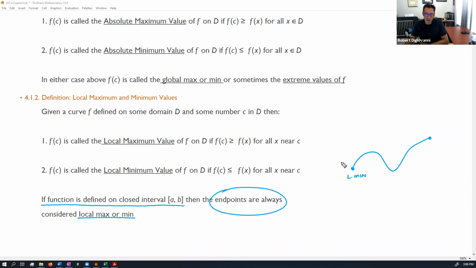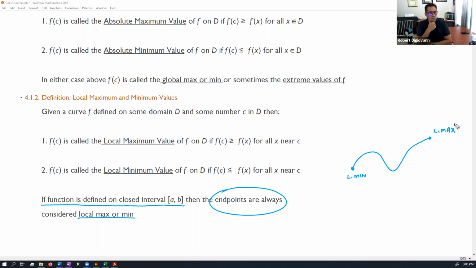Even though there's nothing to the left, compared to the points to the right of it, it's the lowest point in this little region. And then this point over here would be a local max. What I'm saying is you don't have to have the hilltop or the valley if we're talking about the endpoints. All you have to have is one side. Just look at it from one side. Does that make sense? Any question?